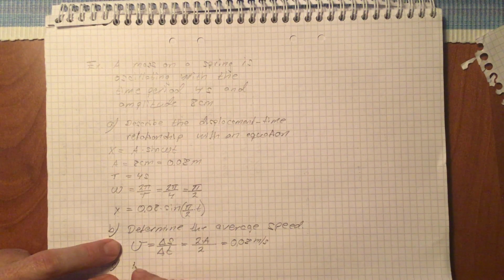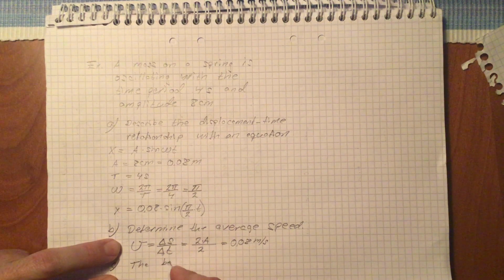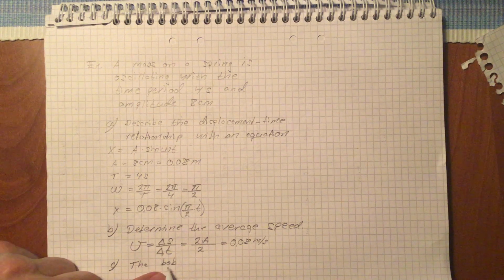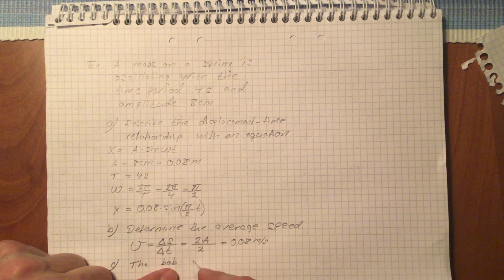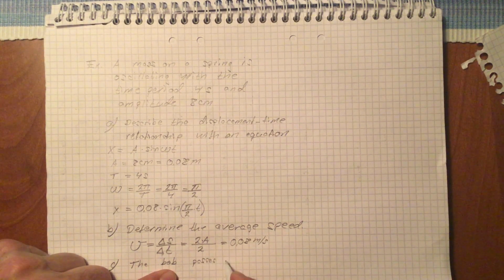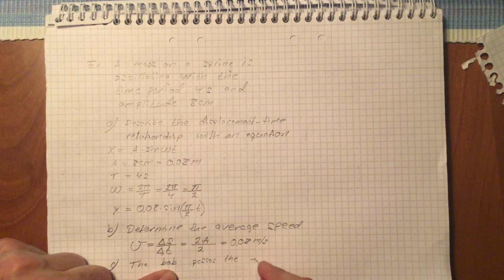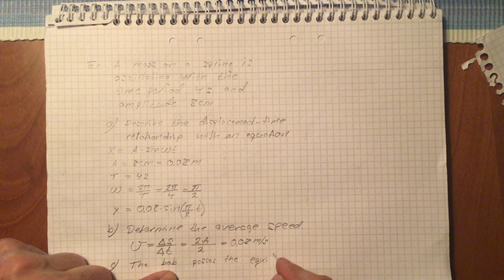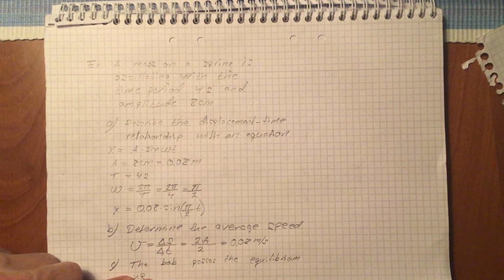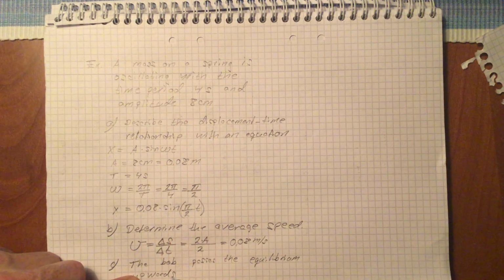C. The bob, or the mass, it's called a bob in your book, passes the equilibrium upwards.